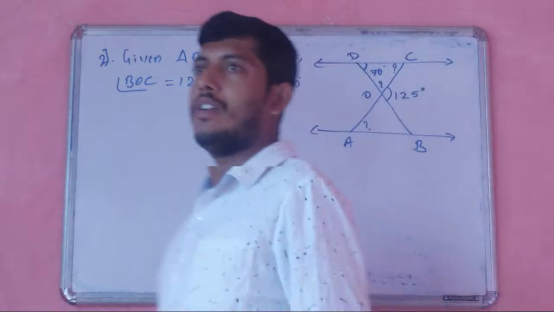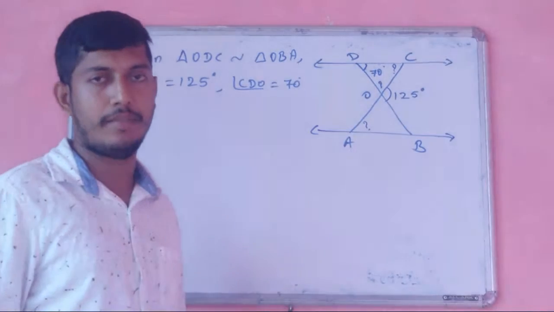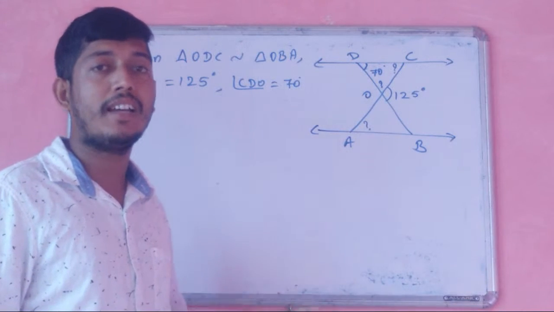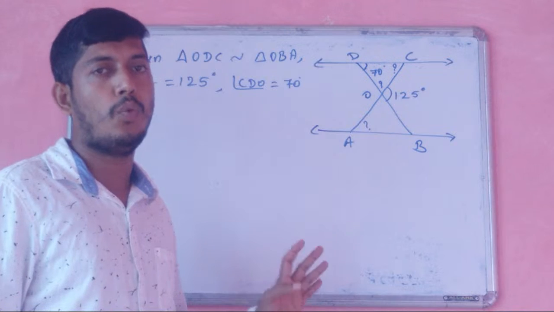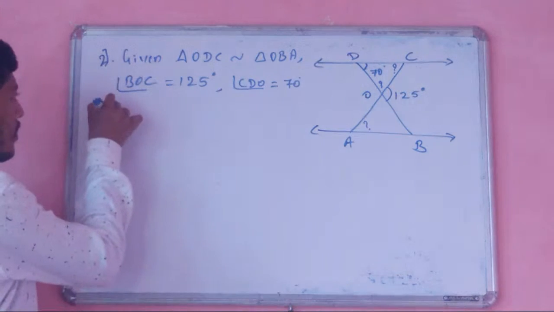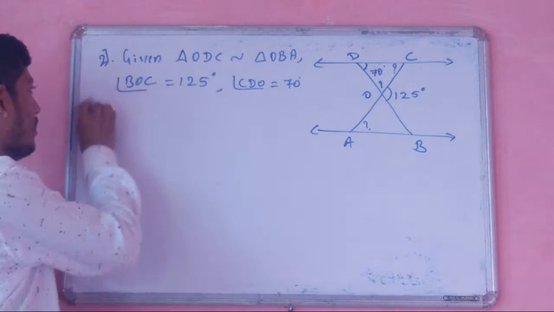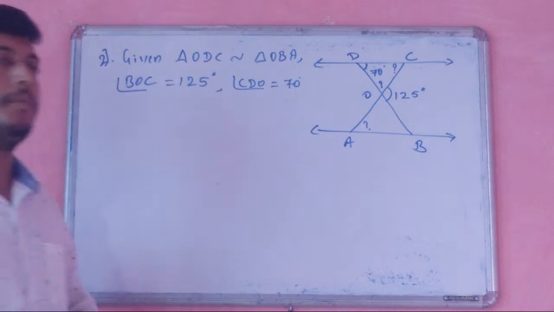First I will consider BD is a straight line, and we know that the angle of a straight line is 180 degrees. Consider, so "let" means it becomes an assumption.